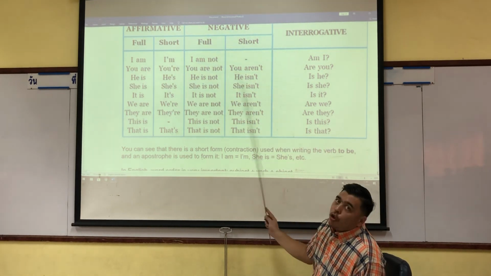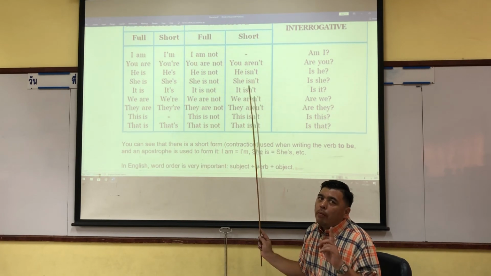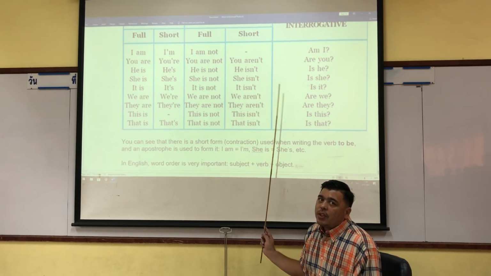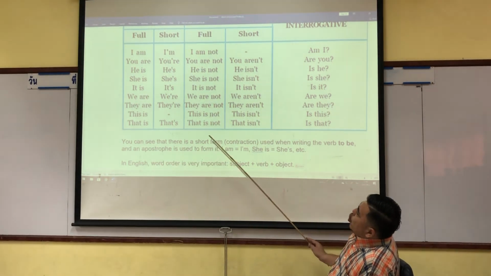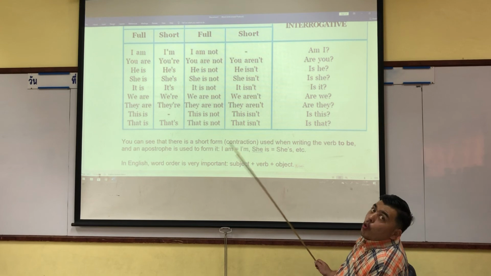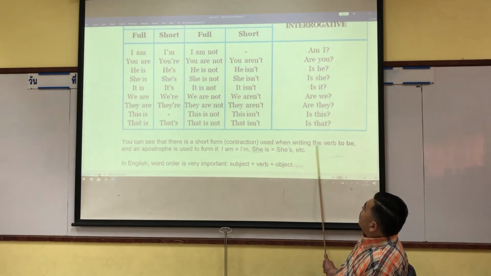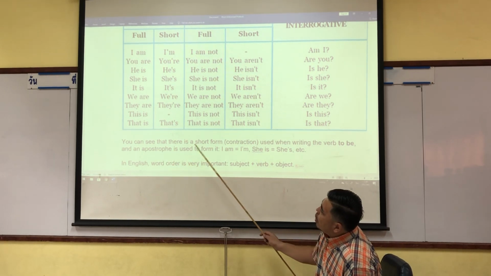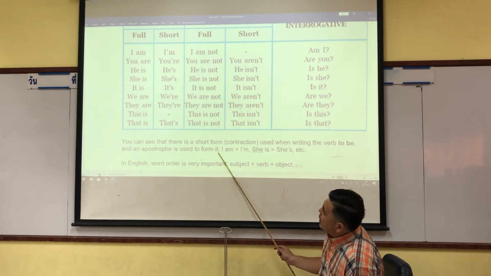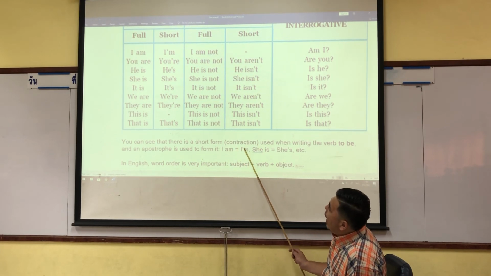Now, you can pause and look through this, and make sure that you understand this. It is very, very important, one of the most important parts of the English language. You can see that there is a short form we call contraction, used when writing the verb to be. And an apostrophe is used to form it. I am equals I'm.